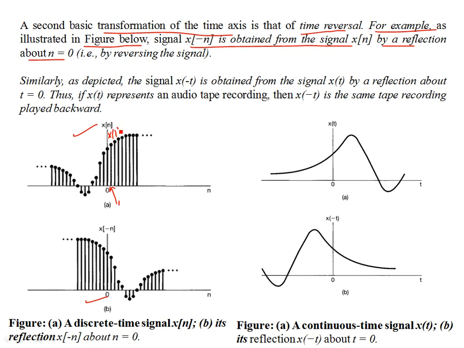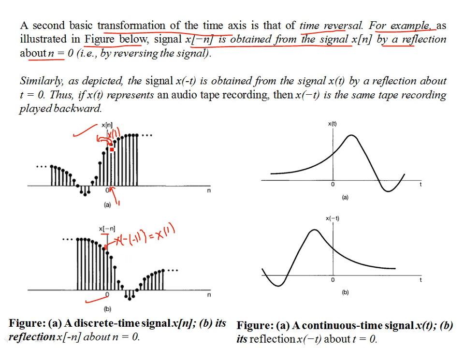Whatever is true at n equal to 1 will be true in x[minus n] at n equal to minus 1. So this sample is going to be flipped about the vertical axis like this. So this occurs at minus 1, and under this transformation this will be x[1].